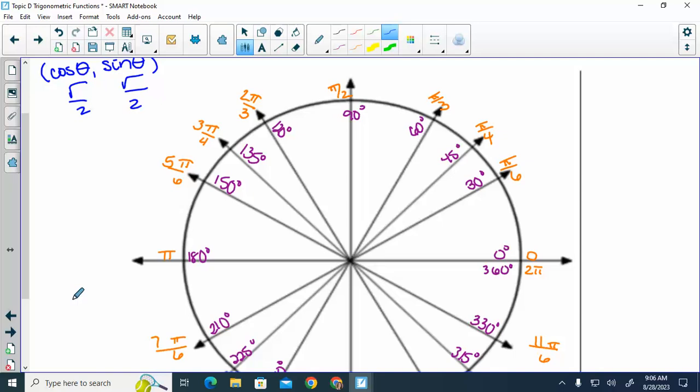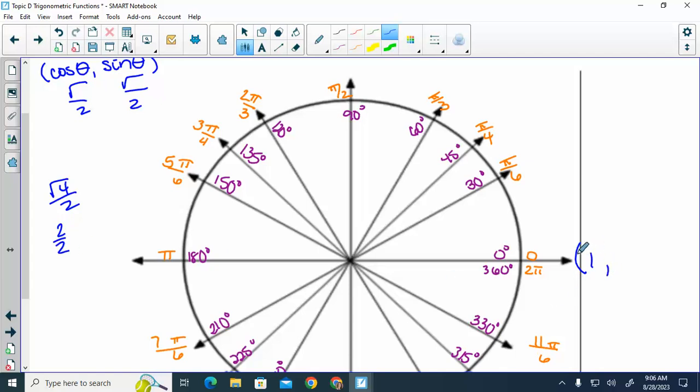Sine was above, cosine was below, okay? So my ordered pair, I need cosine first. So cosine, how many fingers do I have below the one I folded down? 4. So square root of 4 divided by 2. So square root of 4 is 2, 2 divided by 2 is 1.